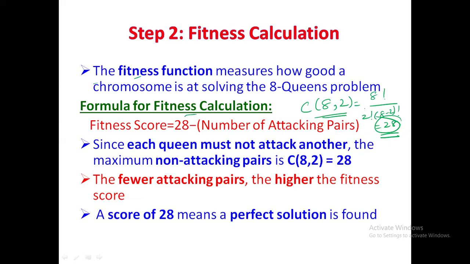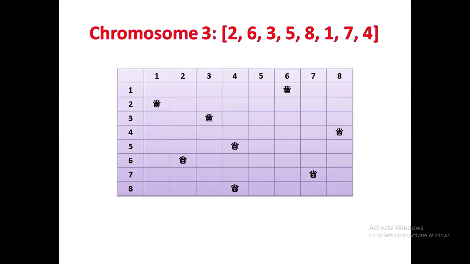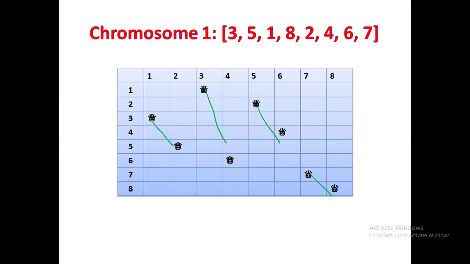The fitness score is computed as follows. How has it been calculated? The fitness function is equal to, this is the 28, right? So the fitness function is found by 28 minus. As far as the first chromosome is considered, all pairs are hitting with each other, right? So how many attacks will be there?